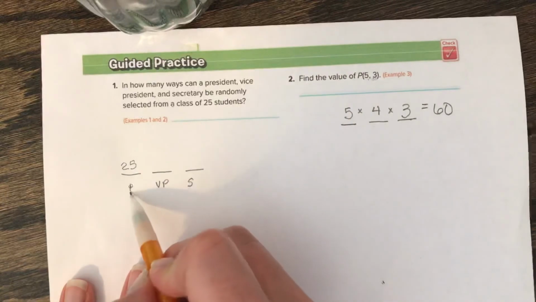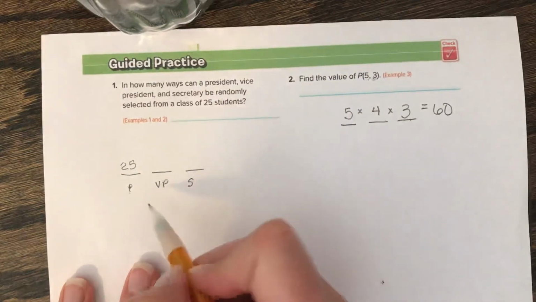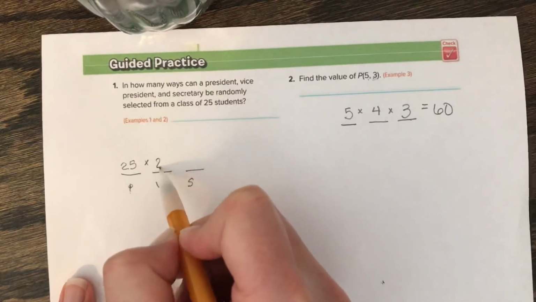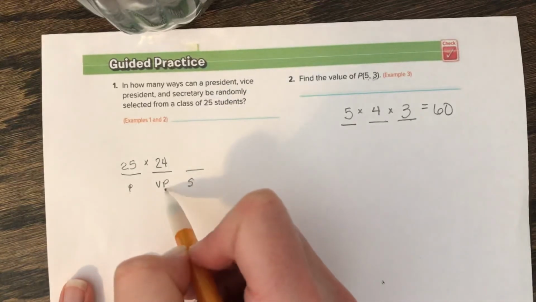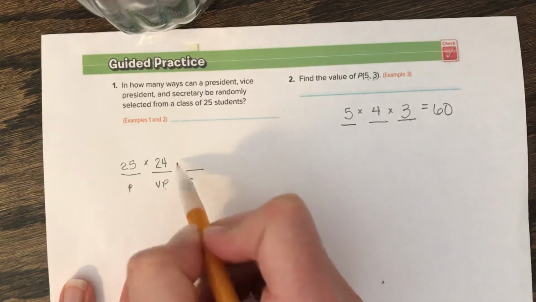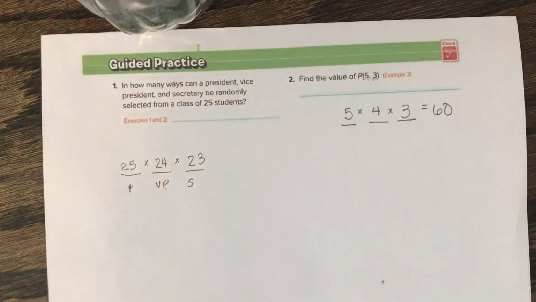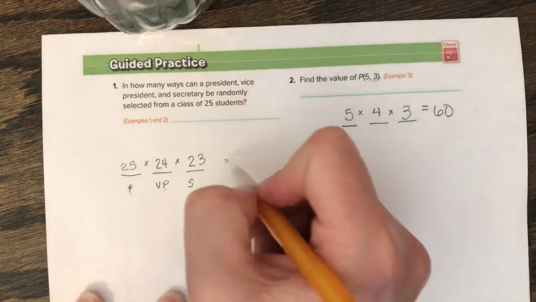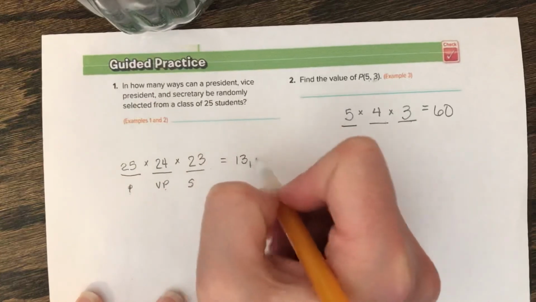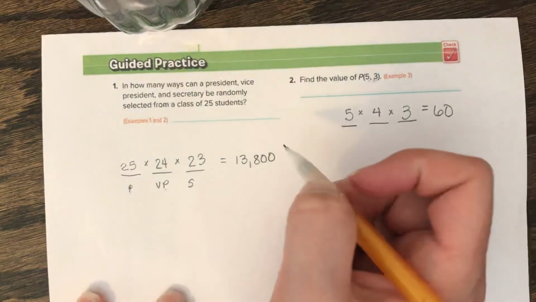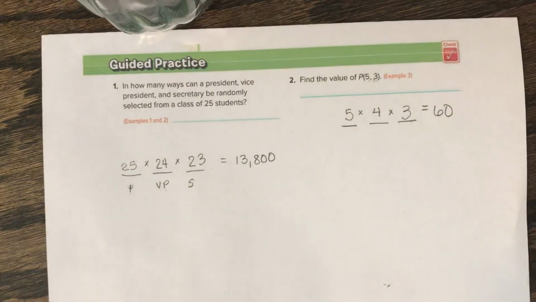After you choose a president, how many kids are left? Well, there are only 24 kids left. And once the vice president is chosen, how many kids are left to choose for the secretary? And that is 23. Then grab your calculator, 25 times 24 times 23. And there are a total of 13,800 different ways that you could do a president, vice president, and secretary in a class of 25 students.